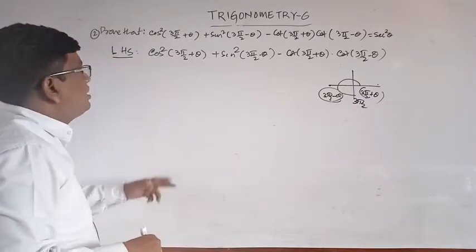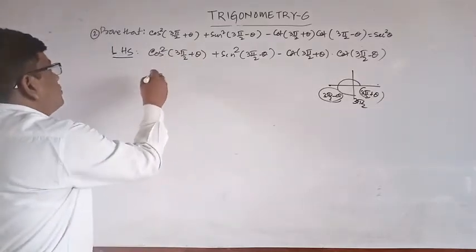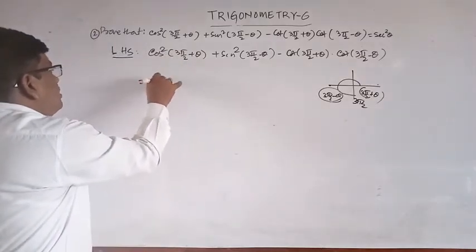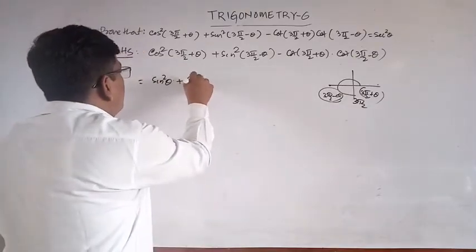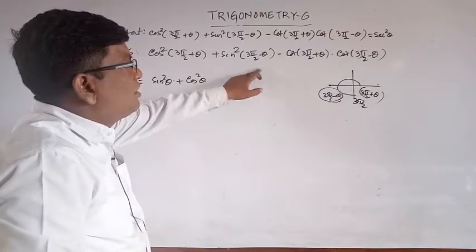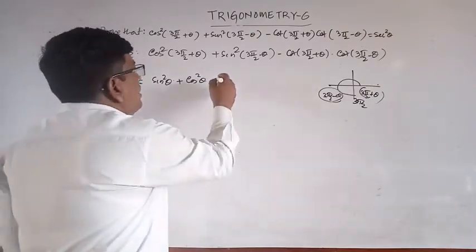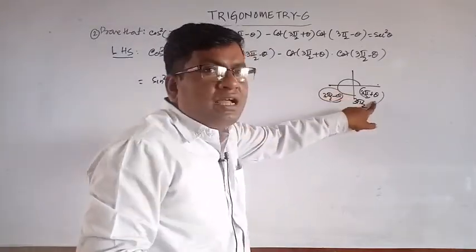So plus, since it is square, so all are positive. So this is pi by 2 here. So sin square theta becomes cos square theta, and sin square 3 pi by 2 minus theta is also cos square theta.